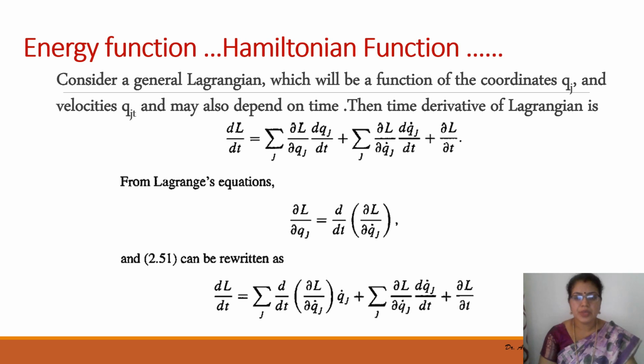So now this equation can be rewritten as dL by dt is equal to d by dt of dou L by dou q dot j into q dot j. What we have done here is replace dou L by dou qj with d by dt of dou L by dou q dot j, and for dqj by dt we write q dot j. The remaining term we are keeping as such.